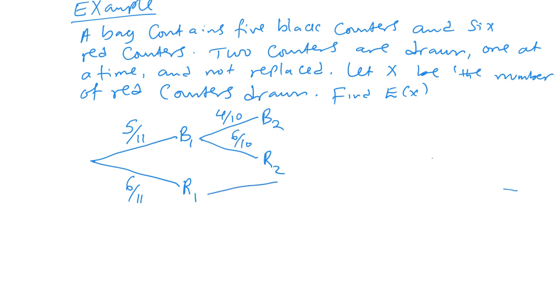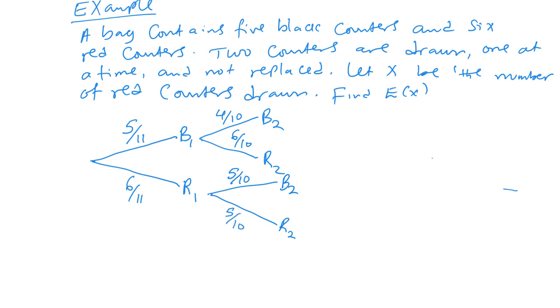If you pick the first red and now you are picking the second black, the black are still 5 out of 10. Or if you get the second as red, these are now 5 out of 10.